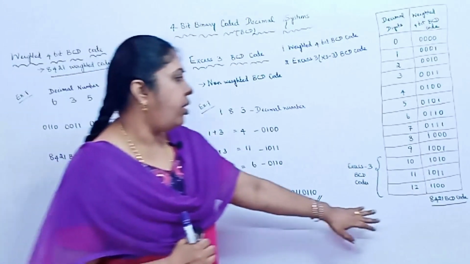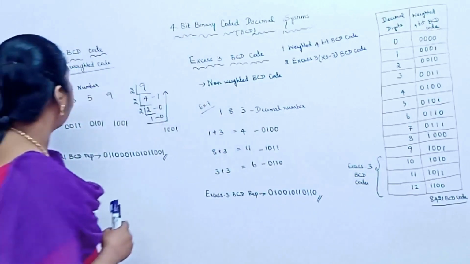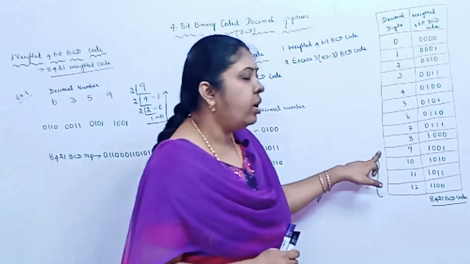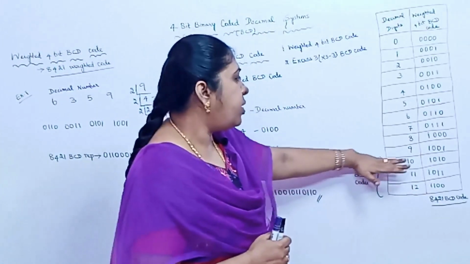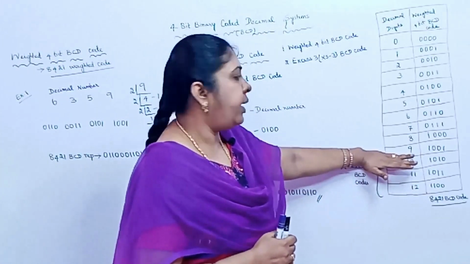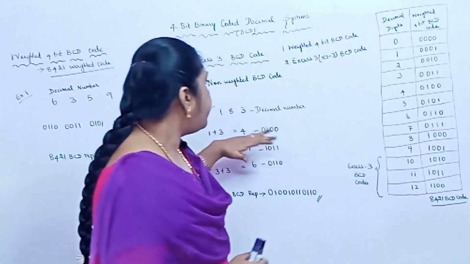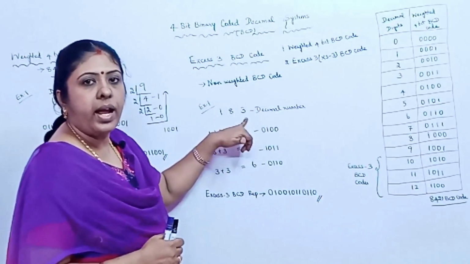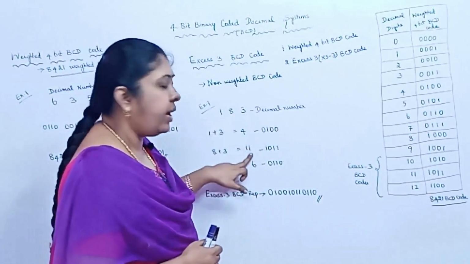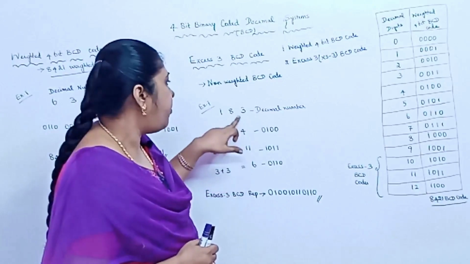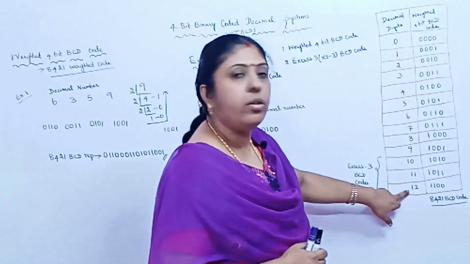Here in the table, for the weighted 4-bit BCD code, that is the 8421 weighted code, the decimal digits consist of only 0 to 9. So only 0 to 9 are needed in the table for the first method. Then when considering 0 to 9, here we are adding 3. So for 8, we get 11. Suppose we have 9, the value when added will be 12.